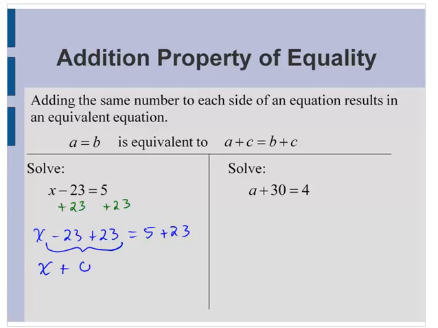And so we now have x plus 0 is equal to 28. And x plus 0, using the identity property of addition, is x. And so x equals 28. We can easily check that 28 is a solution of the equation by substitution. And in fact, it is the only solution of the equation.